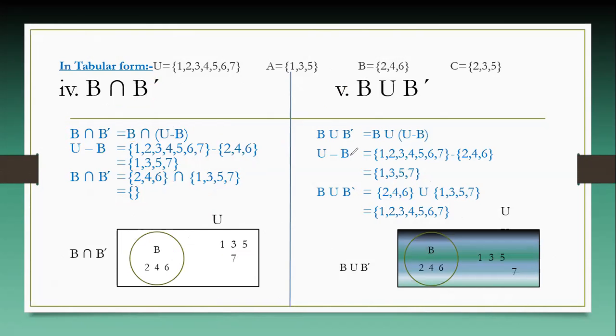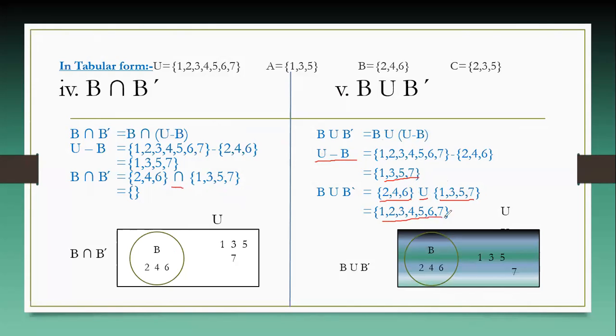Clear? Now, B union B dash is a similar question. You have to find U minus B, in the same way, and then find the union with B. In the previous question, you had to find the intersection, that means the common. Now, in this question, you have to find the union, that means combining.